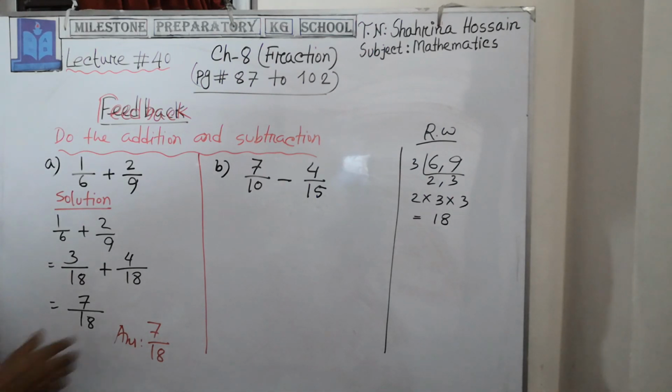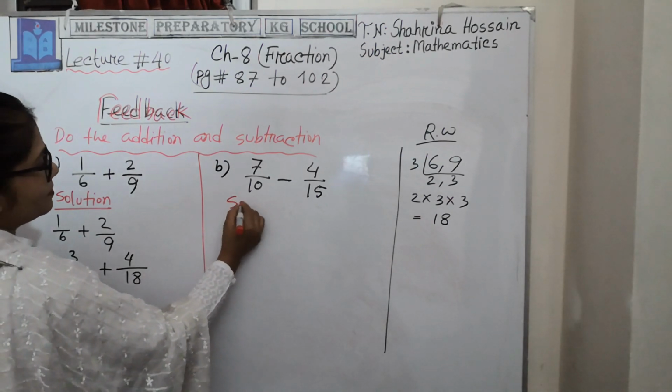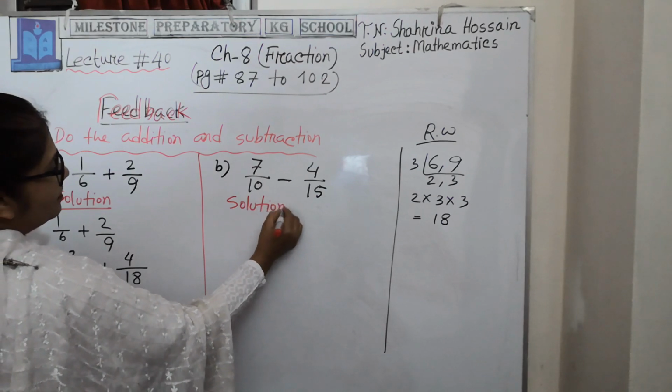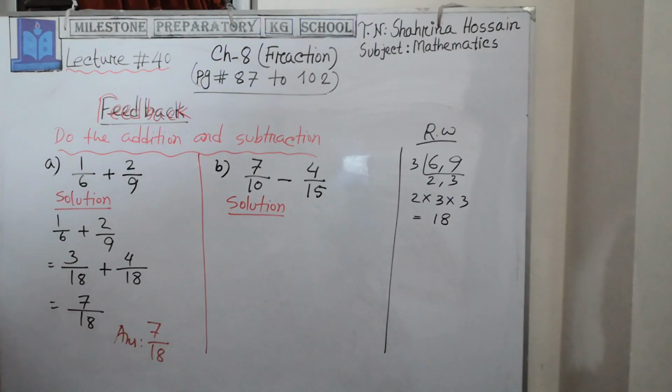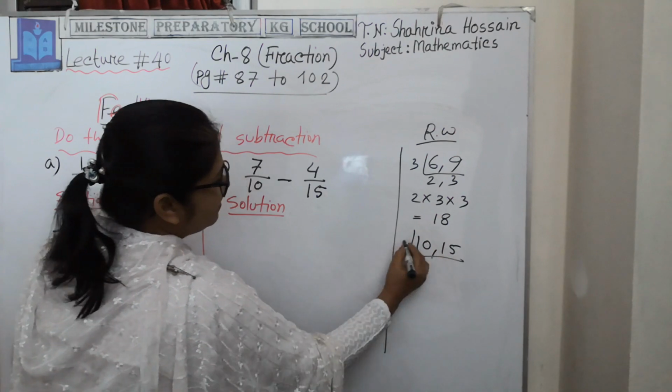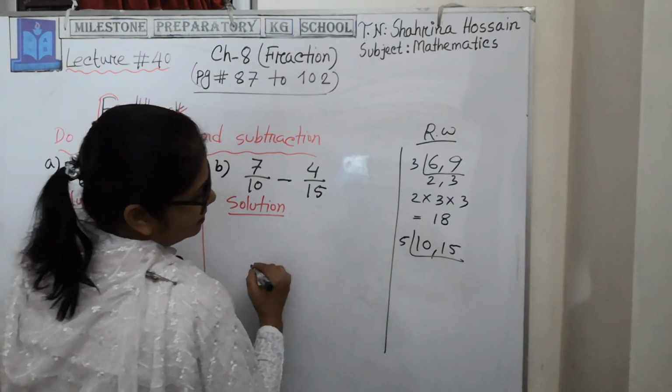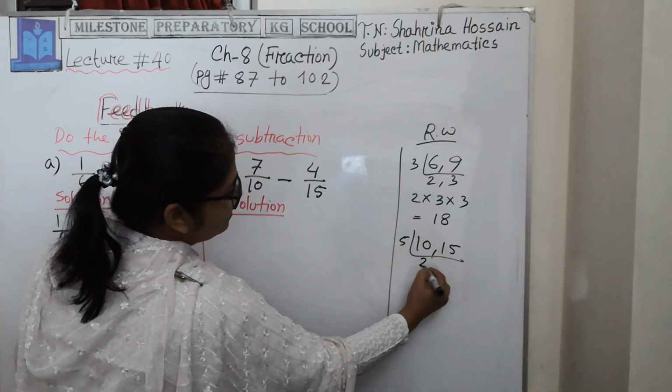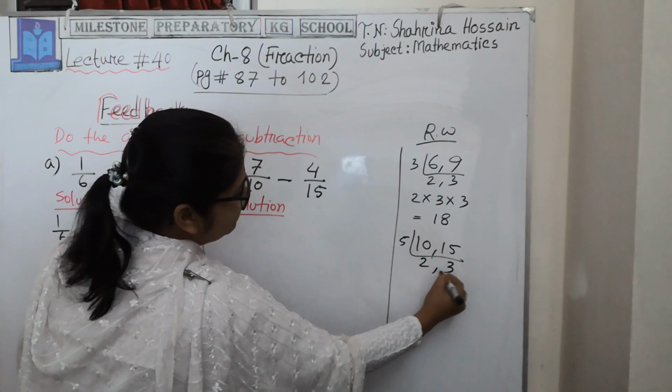Now let's come to the subtraction. At first we will find the LCM of 10 and 15, because both are composite numbers. We can divide by 5: 2 fives are 10, 3 fives are 15.